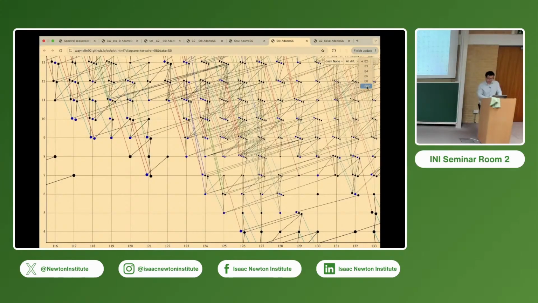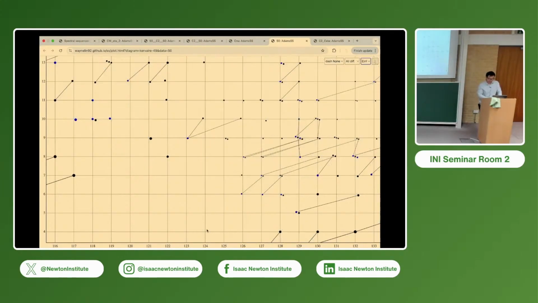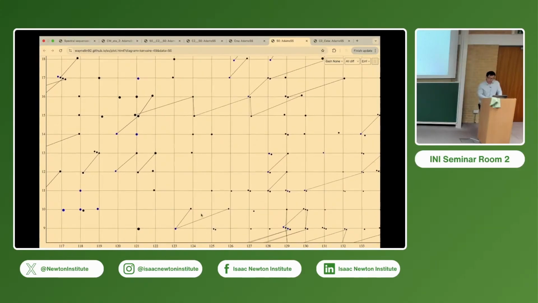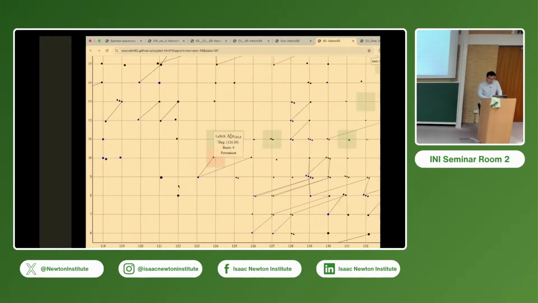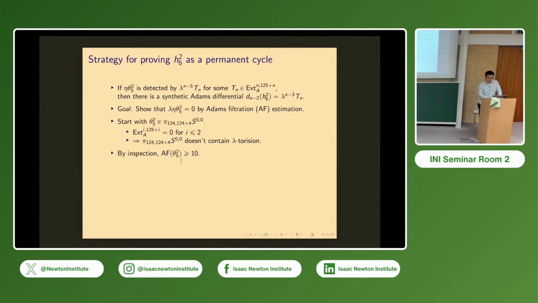Then we don't have to look for all the differentials, and we can just look for the leftovers. If you go to the infinity page, dimension 124, there are still a bunch of dots, right? The one of lowest filtration is in filtration 10. This element has a name H0 squared x 124.8. So by inspection, the Adams filtration has to be at least 10.